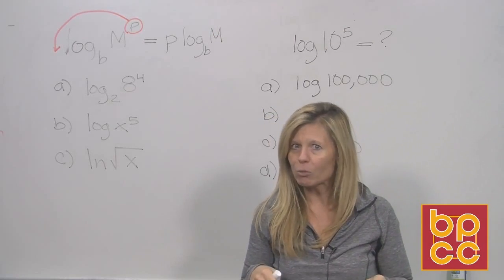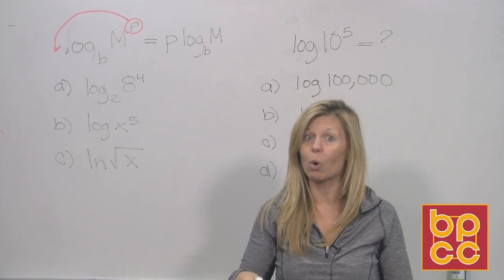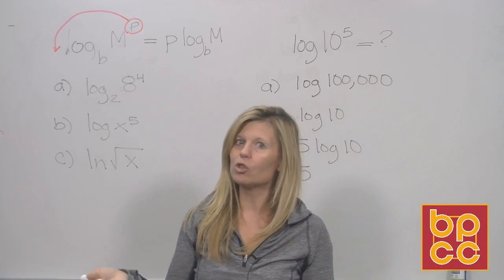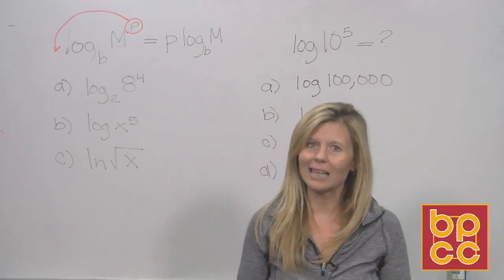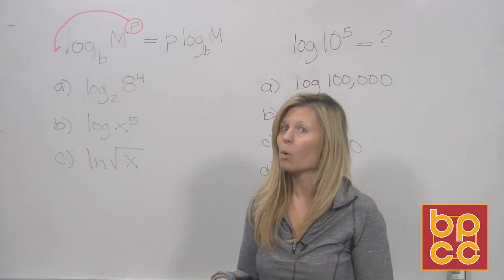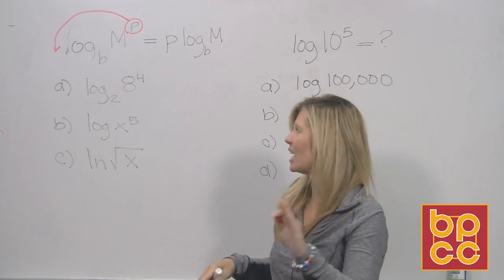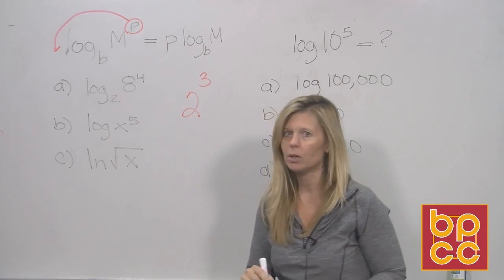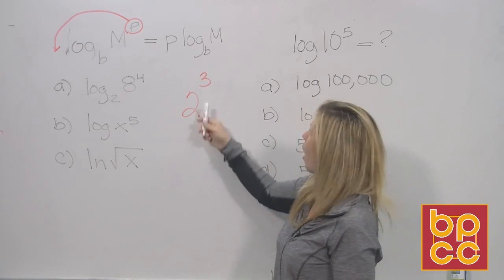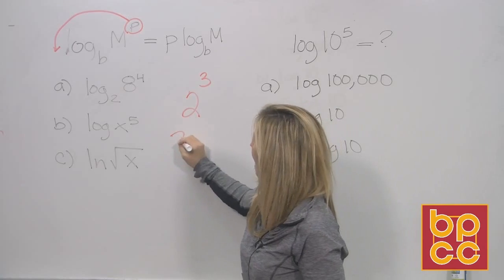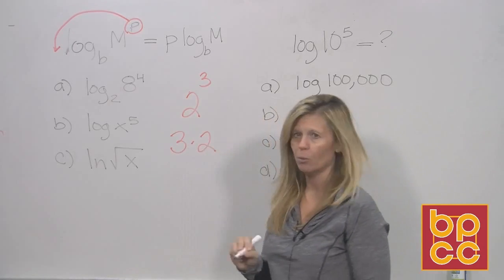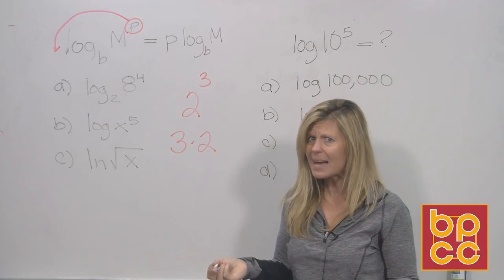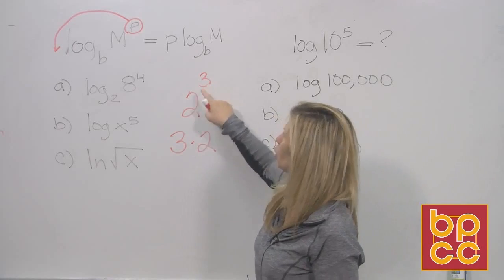The problem with that rule is you can only do it with the word log, whether it's log, common log, or ln, natural log. So what I don't want you all doing is this. If I write on the board 2 cubed, don't you dare tell me, oh, I'm going to bring the exponent down, and that's going to mean 3 times 2. Because does that make sense? What is 2 cubed?